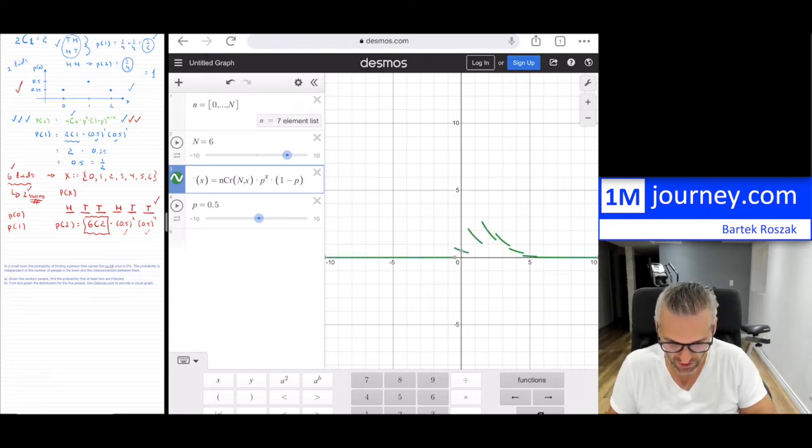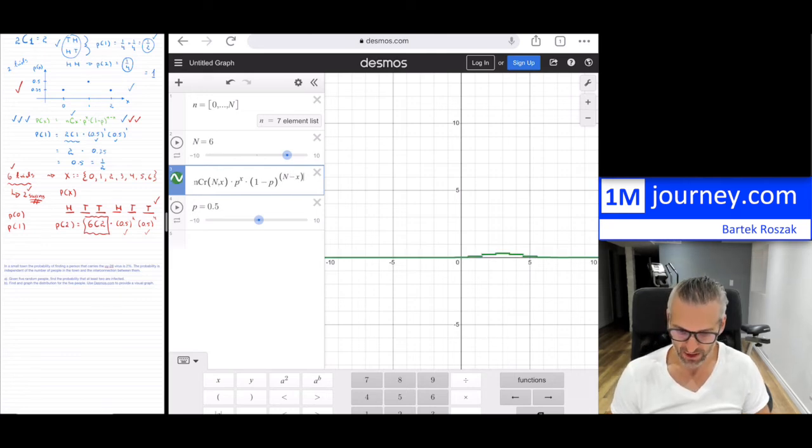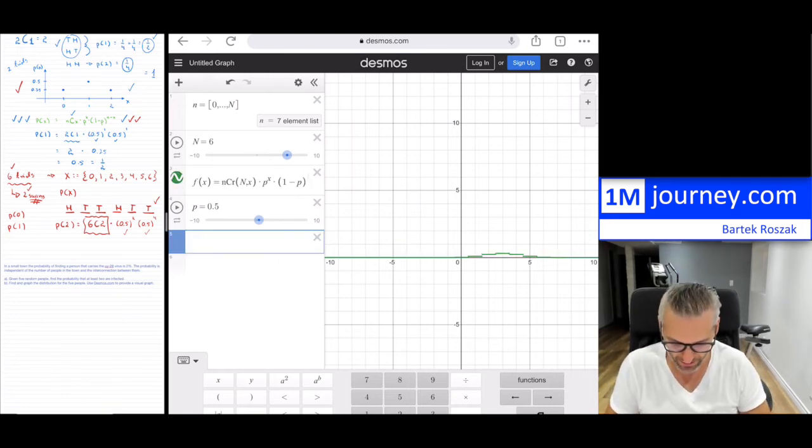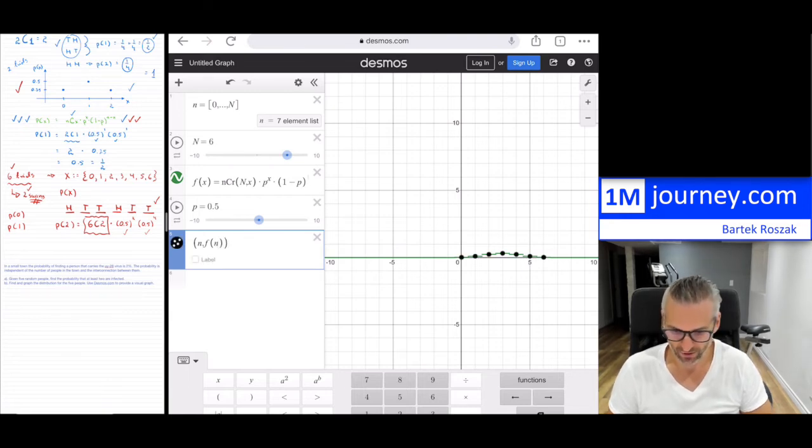And this is going to be raised to n minus, it doesn't let me do it, so I have to put it in brackets, n minus x. So that is my actual probability for each individual point. And now to map it, we're going to put all the ordered pairs, so n, and we're going to substitute that into in here, all right?